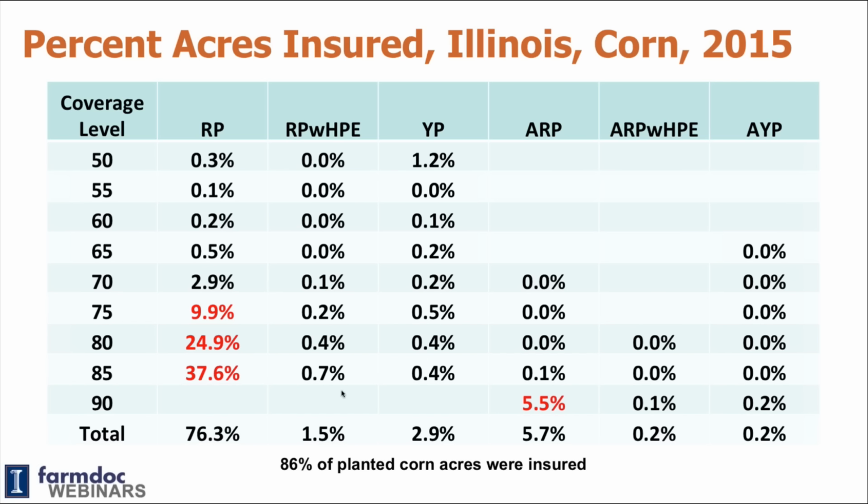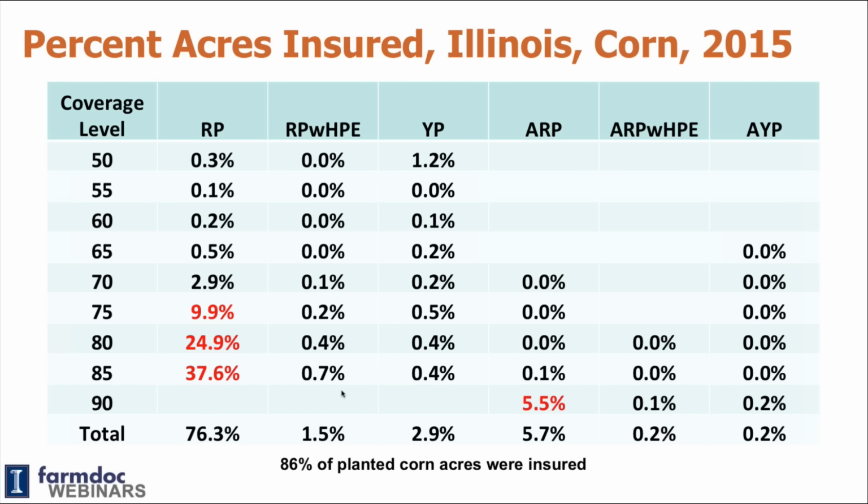I would also point out RP with harvest price exclusion here, and we'll go through an example of this. If you are concerned with the cost of the revenue guarantee, you might consider RP with the harvest price exclusion. It has a lower cost. It does have a big caveat on it, and that is that it doesn't have that guarantee increase, and that will pay much less during something like a drought year like 2012.